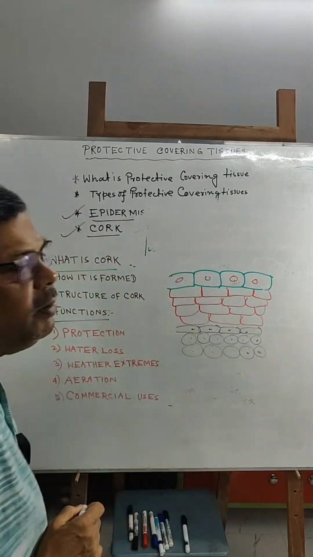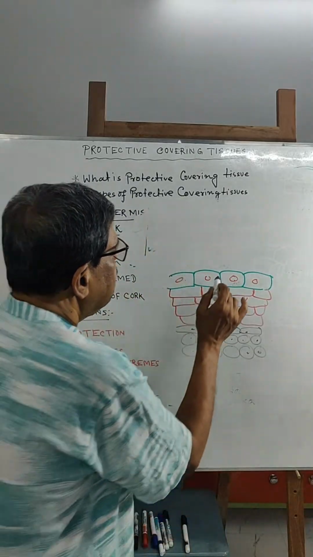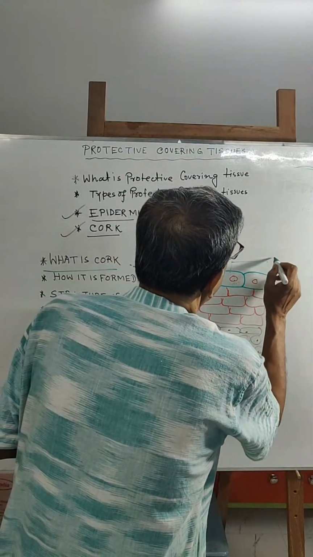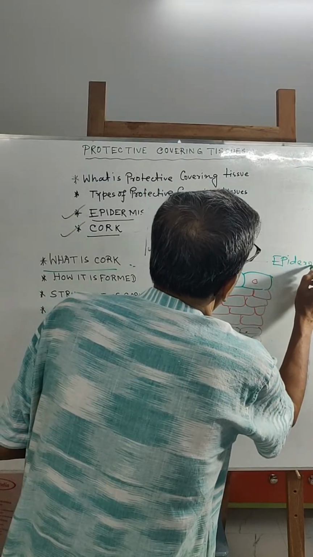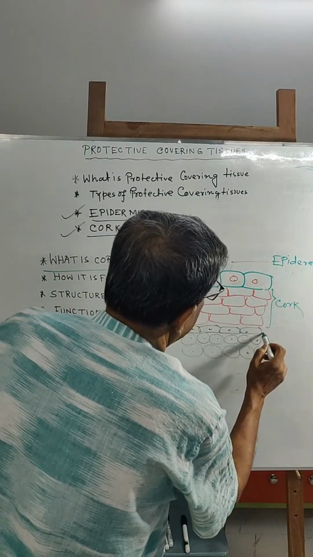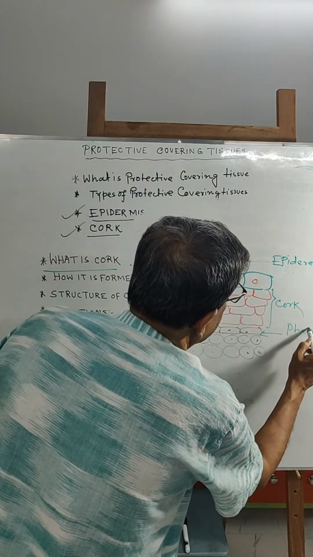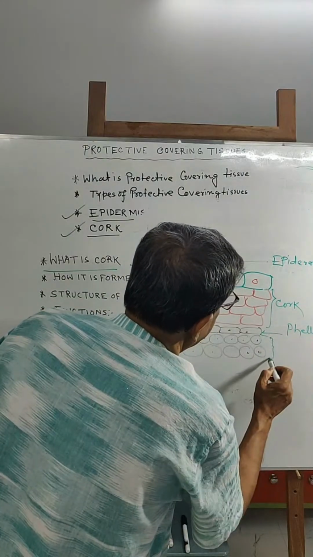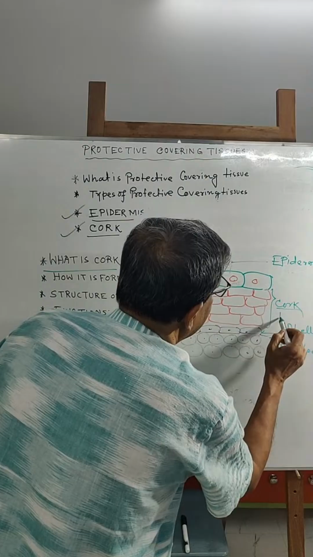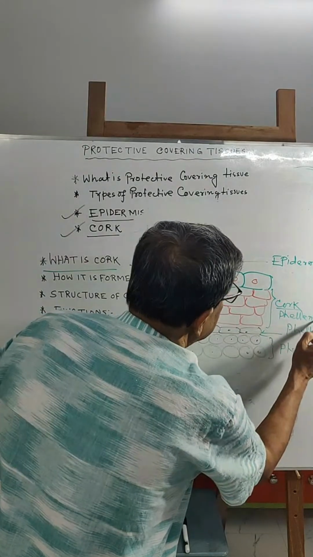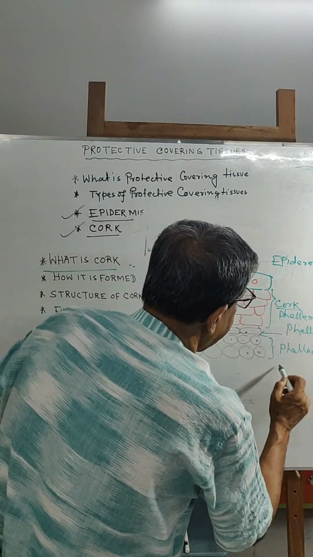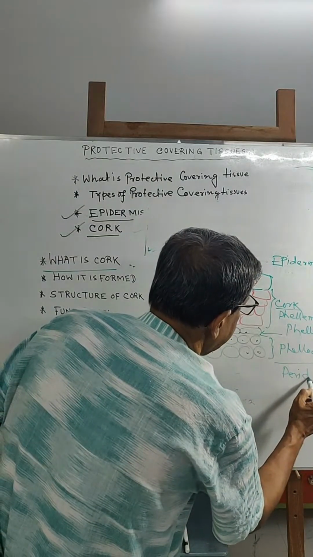This is the living tissue, parenchymatous tissue. These are the epidermis, cork, phellogen and phelloderm. Cork, phellogen and phelloderm together may be called periderm.